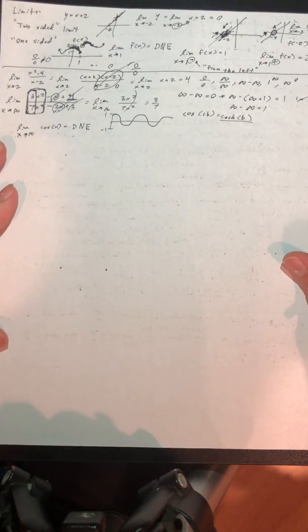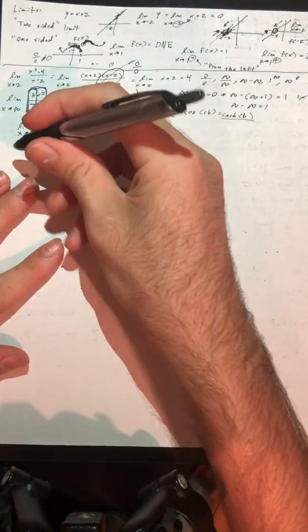Why? Because you need to know the limit in order to know the derivative, you need the derivative to know the integral, and you need the integral to know the series. It all builds on each other, really. So let's talk about that.